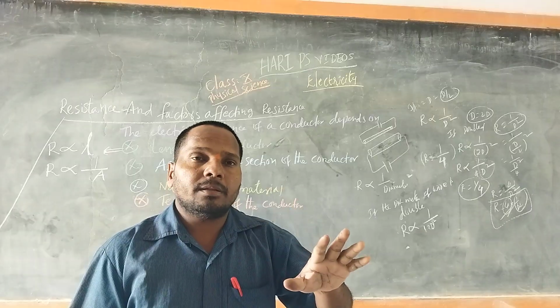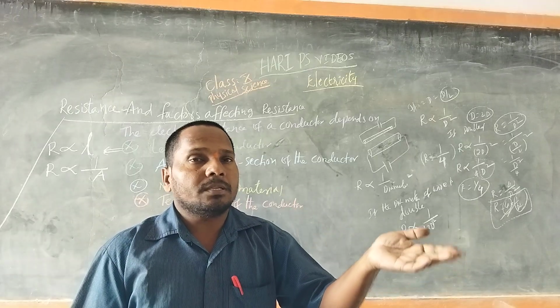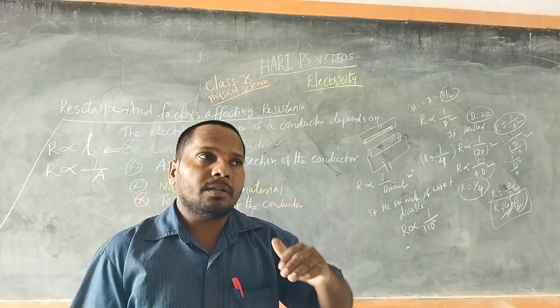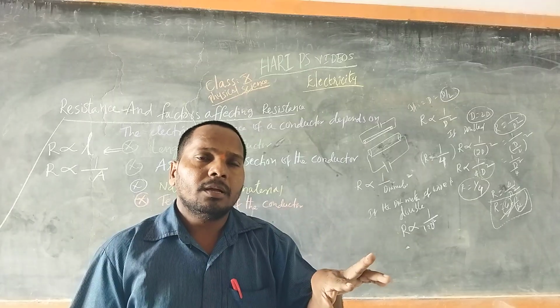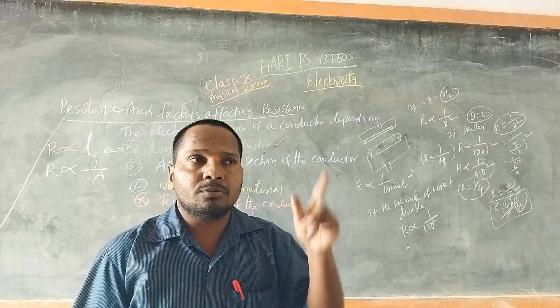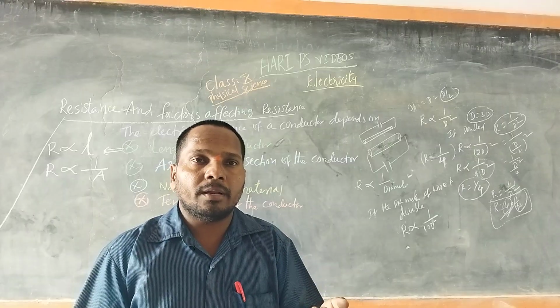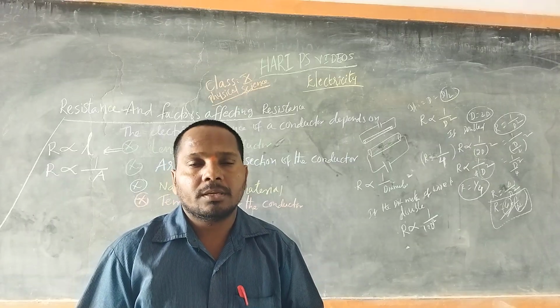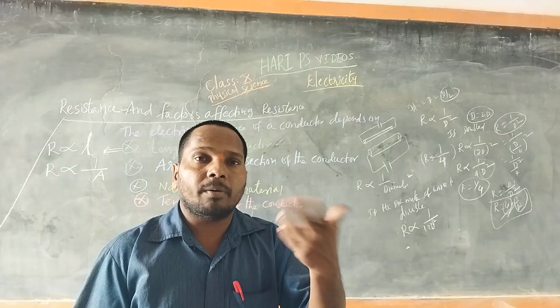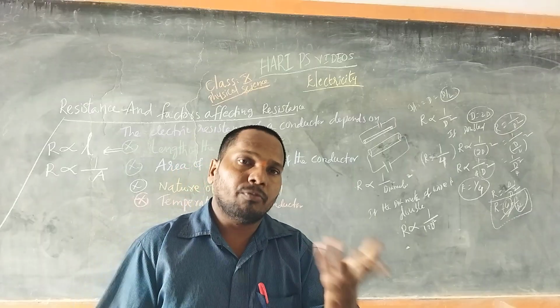If the diameter increases, then the resistance decreases. If the diameter of the wire is doubled, then its resistance is reduced to 1 by 4th. If the diameter of the wire is reduced 2 times, then its resistance increases 4 times.